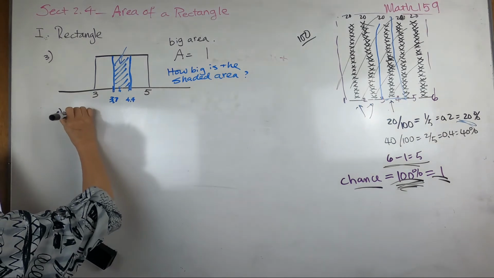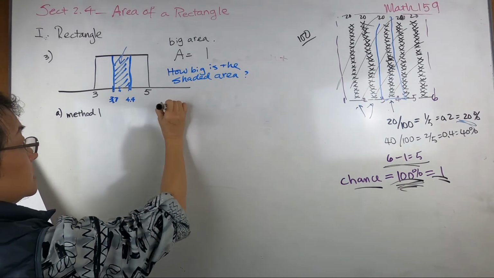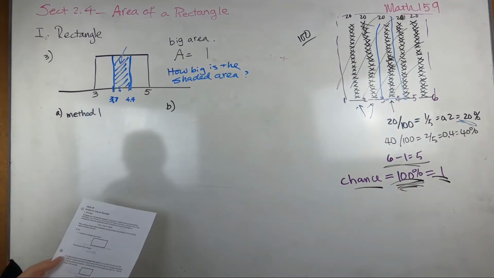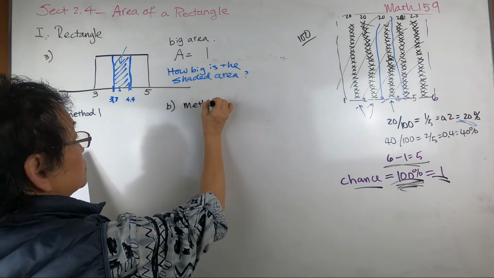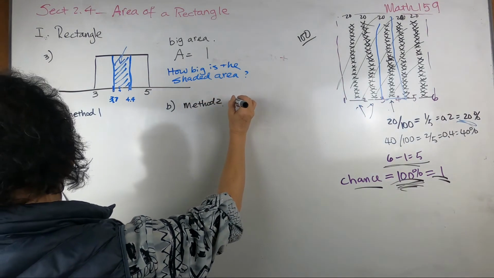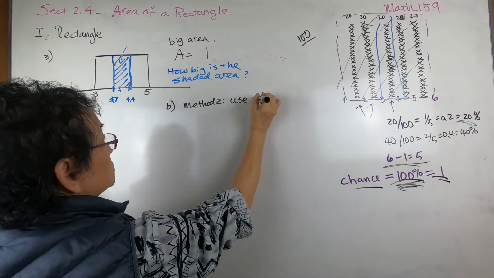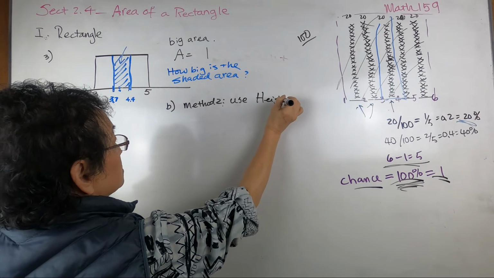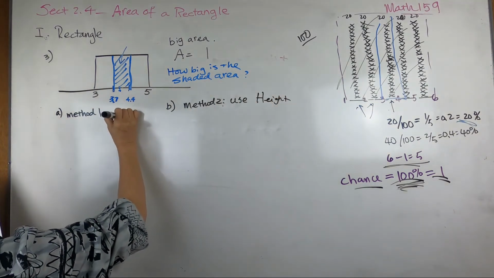I usually do this method, but all your book and all your homework will show you to use method 2, using the height. Method 1, I'm just going to use the portion.